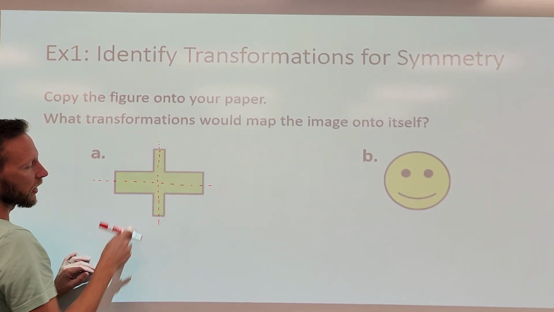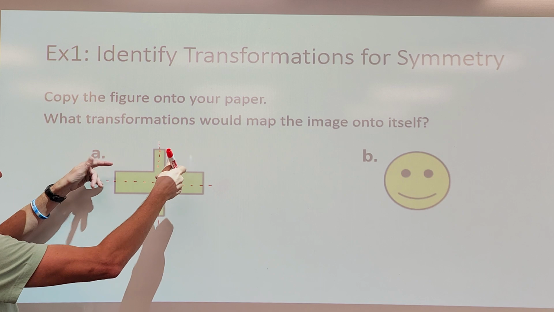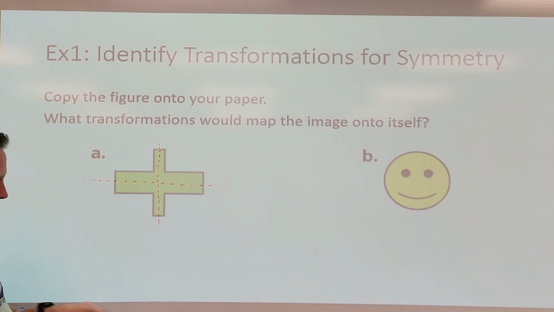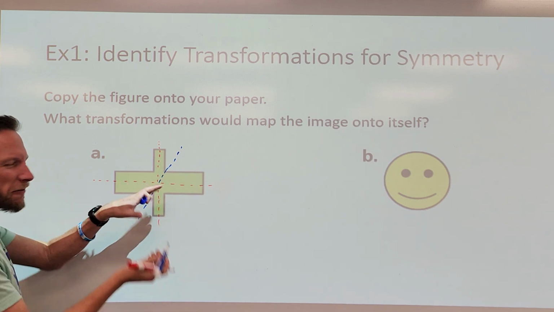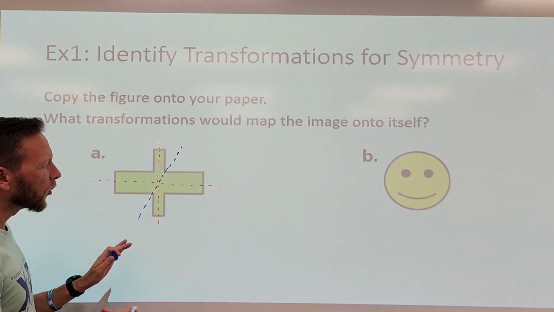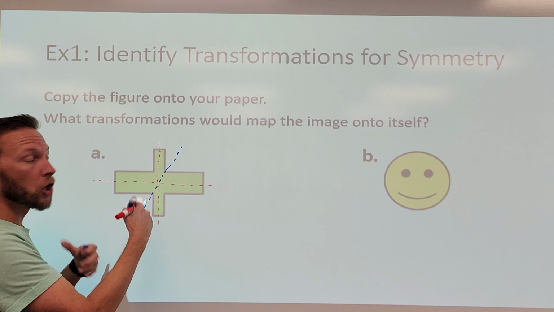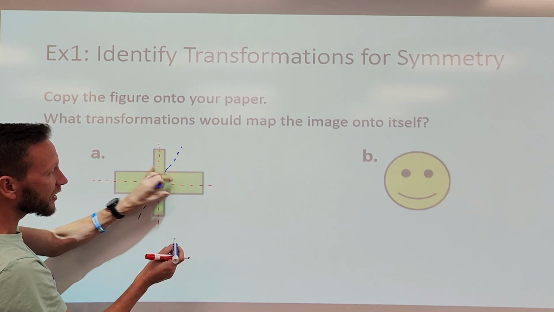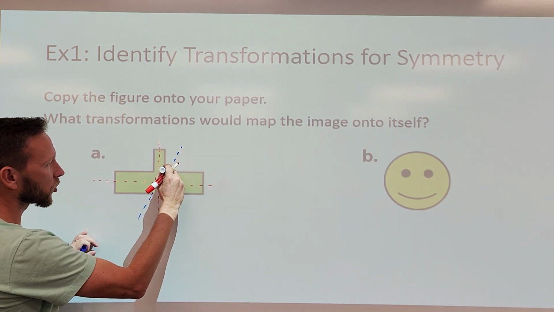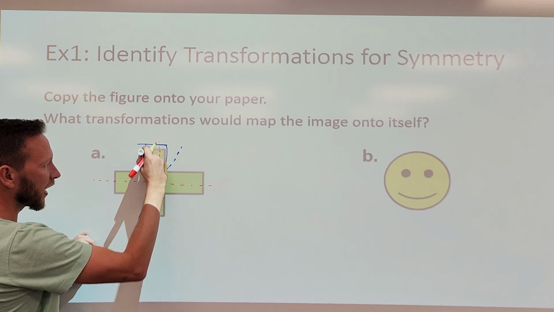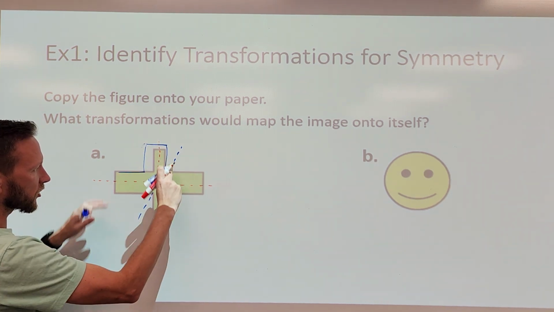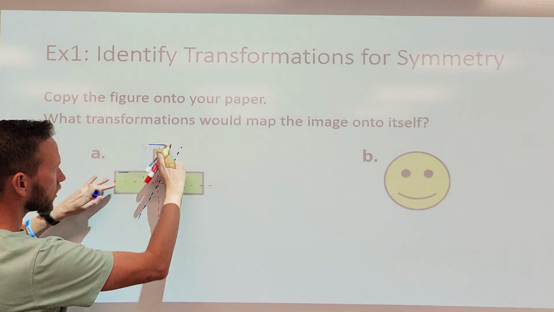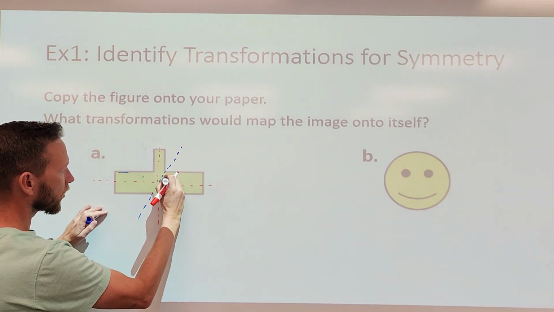I could reflect it over that line, and it would map back onto itself. All right, what if I drew a line this direction? Would that reflect it back onto itself? Hopefully you can tell that the answer there would be no, because this is thicker than that. So this picture would come out like so if I were to reflect it, right? Actually, it'd probably be a little bit taller there.